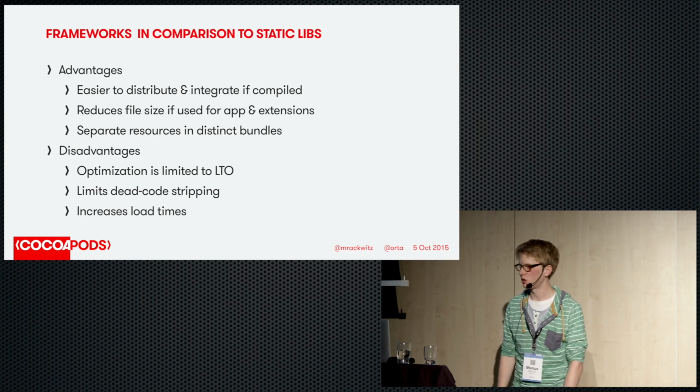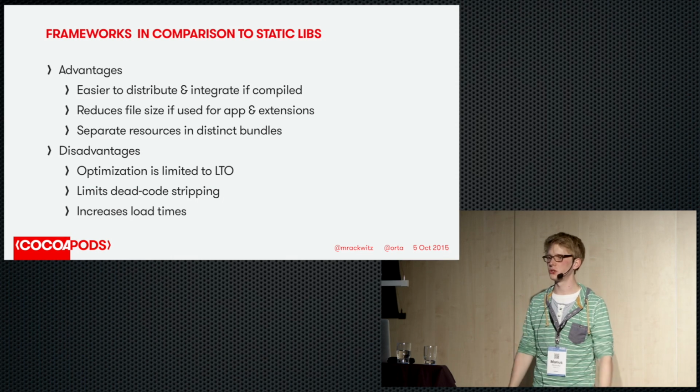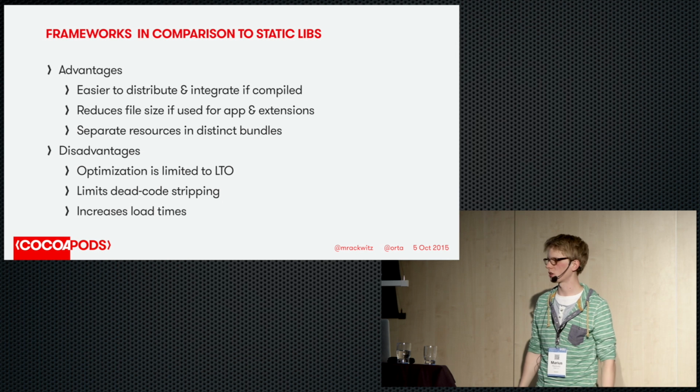Another advantage is they allow you to reduce the file size of your whole app bundle if you share the same framework across your app and your extensions, and reuse it in both places.